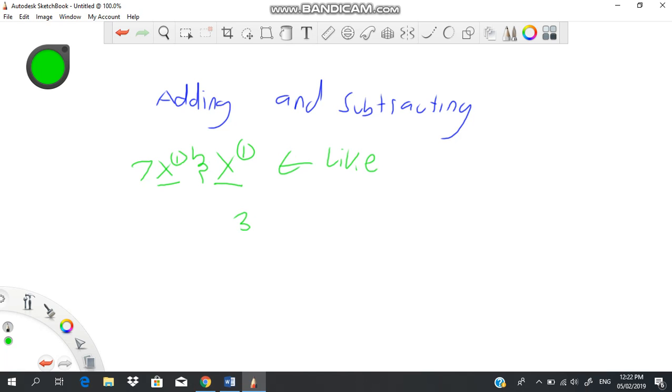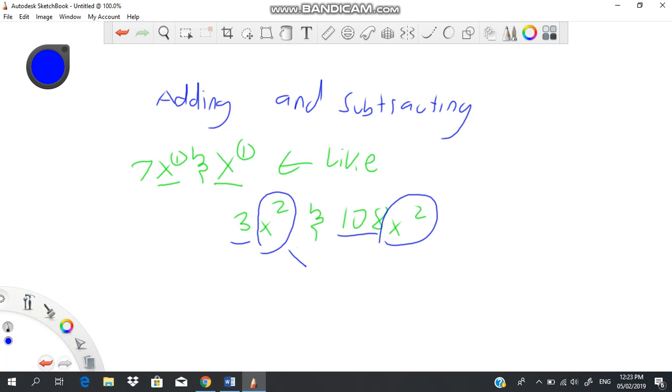And how about 3x squared and 108x squared? They're the same. Even though their coefficients are different, their variables with exponents are still the same. So these are the ones that we're going to look at in finding like terms.